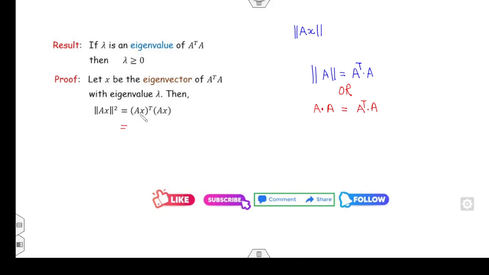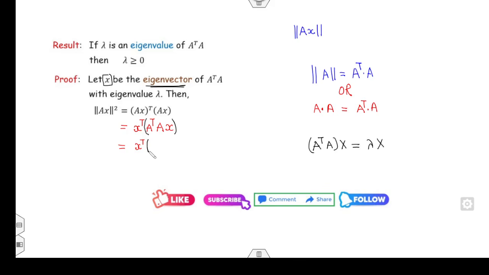So I can write this number as x transpose into A transpose A of x. Now clearly say what is the value of A transpose A of x, because x is my eigenvector of A transpose A. So by the definition of the eigenvector, A transpose A of x is lambda of x.